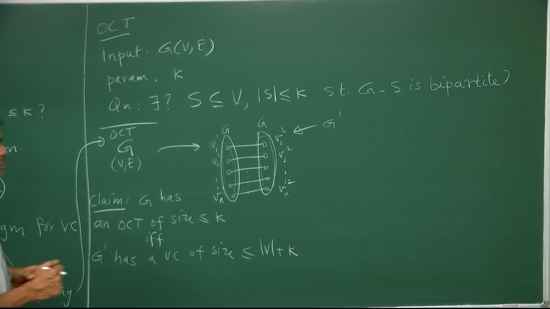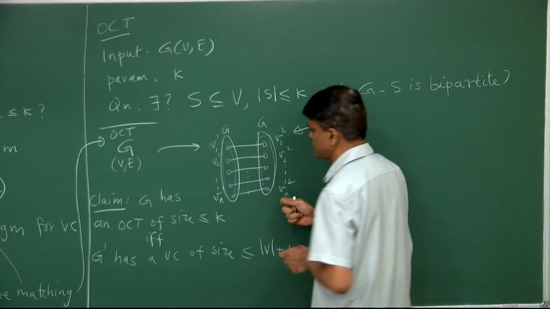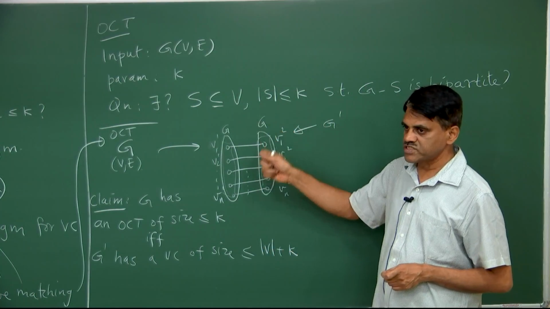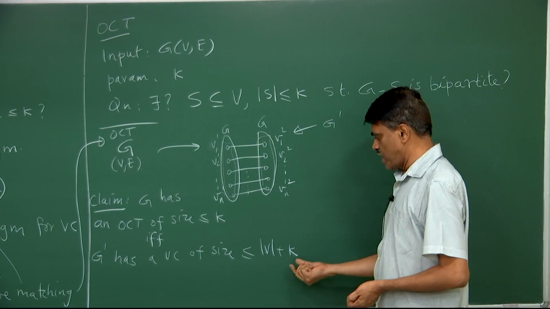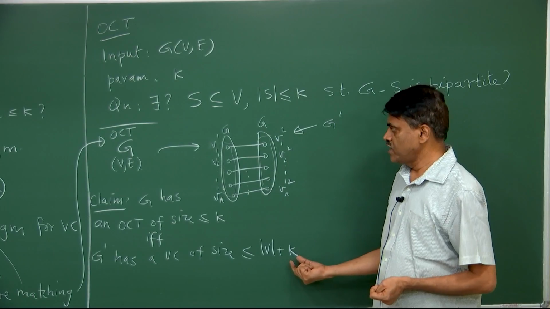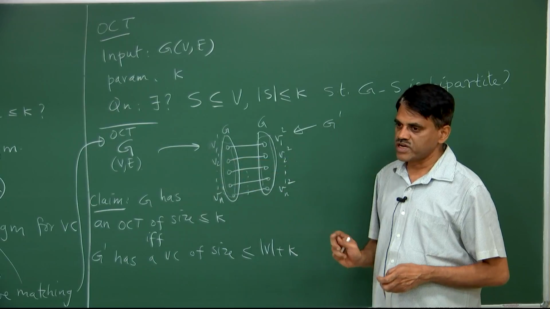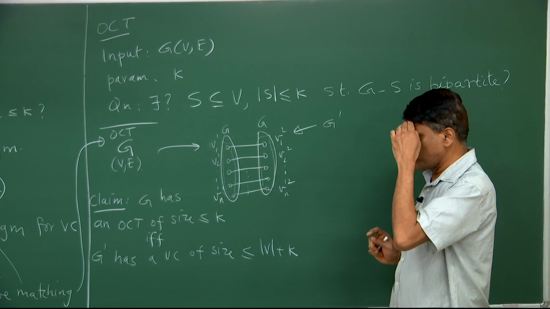Now if you look at G prime, any vertex cover has size at least the size of this matching, which is the size of B. So I'm allowing some k more vertices, and this happens if and only if there is an odd cycle transversal. So that's the claim. Okay, so let's see how.